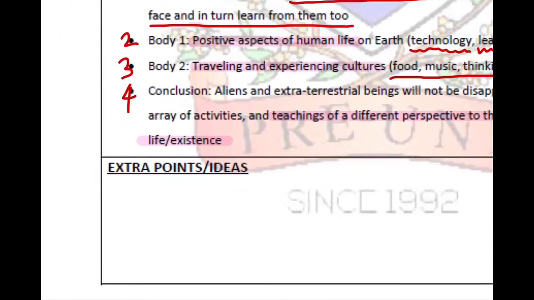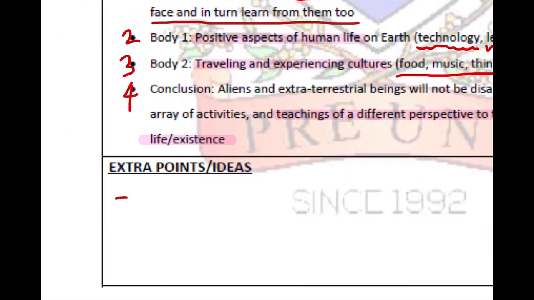The last section, which indicates extra points and ideas, you can think of specific vocabulary. You can think about language.